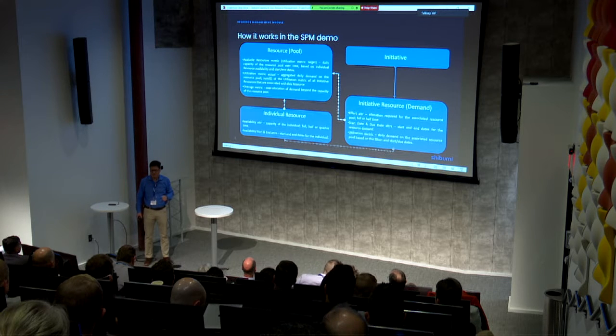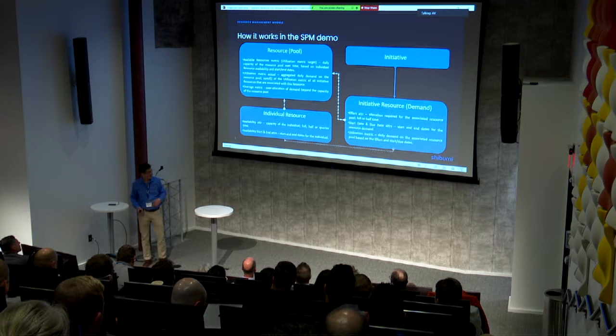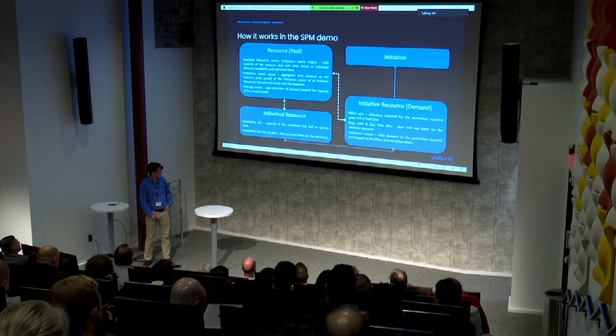So if we have 5 project managers, then the capacity of the project manager pool is 5. And if we have a set of individual resources, we track the capacity of the individual resource, the availability of the individual resources as well. So an individual resource might be available quarter-time, part-time, half-time, full-time.